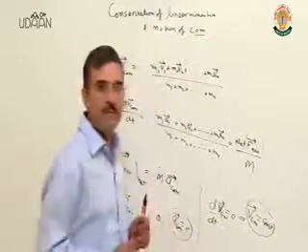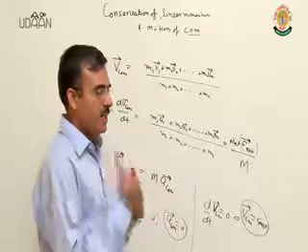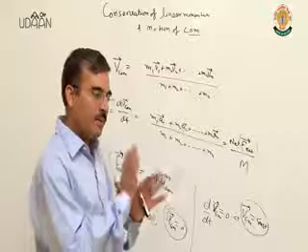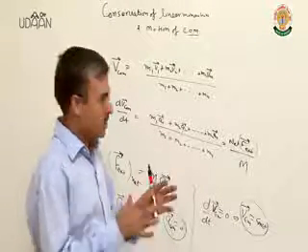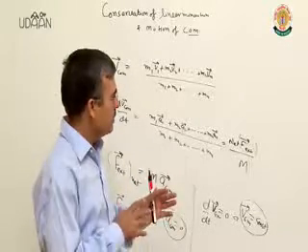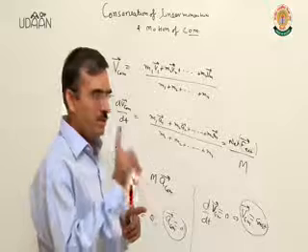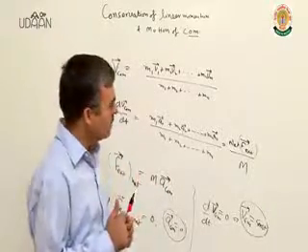Very important result. If initially v_cm is at rest, it will remain at rest even though the particles making the system are moving to different positions. v_cm will remain at rest if initially it is at rest.